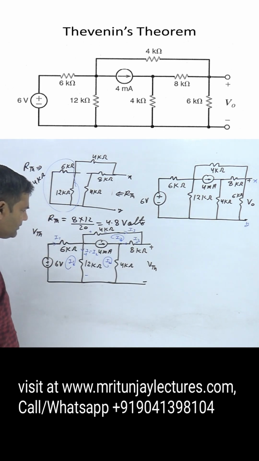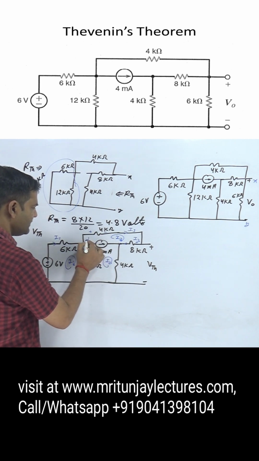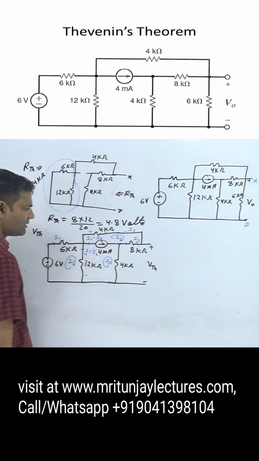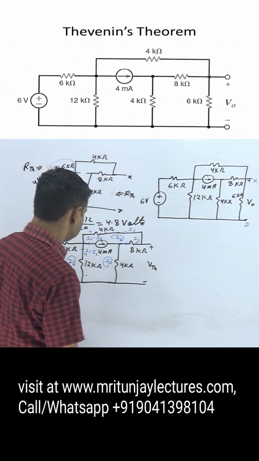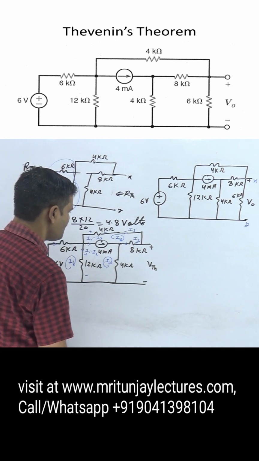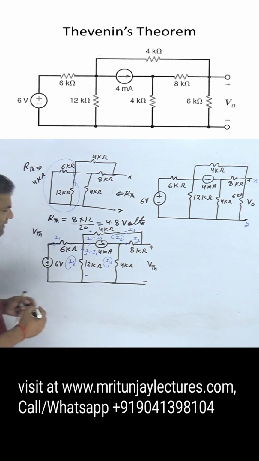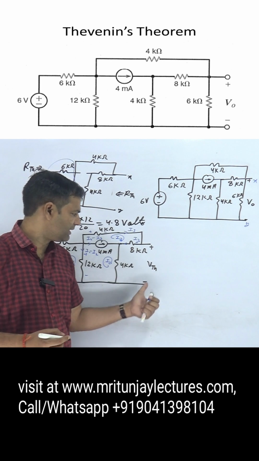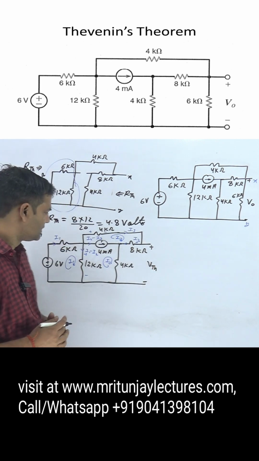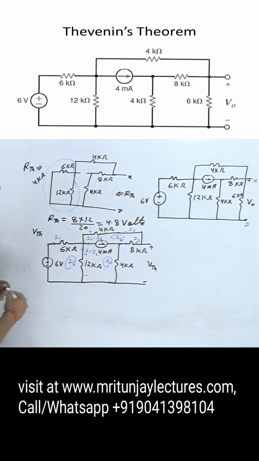Now this loop current is I2, so I2 minus I3, here I2 minus I3, here I2. Now apply KVL in this loop. If you determine I3 and I2, then apply KVL in this loop, then we get VTH. So we are focused on I3 and I2. First of all determine I1.